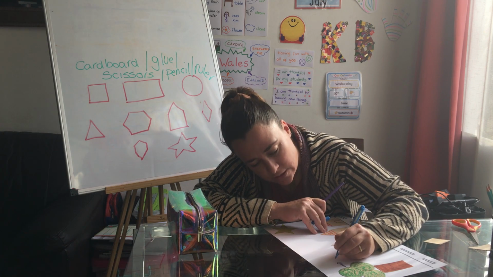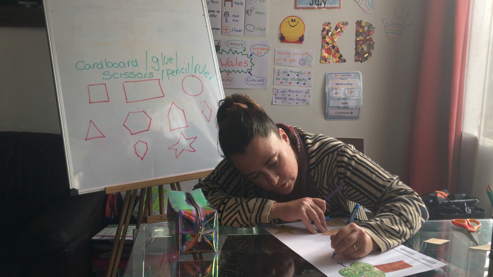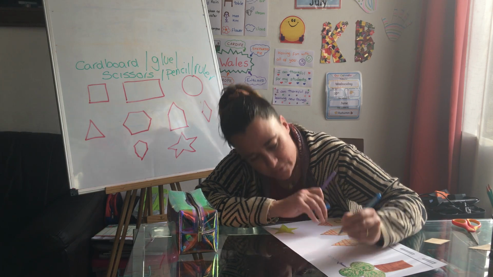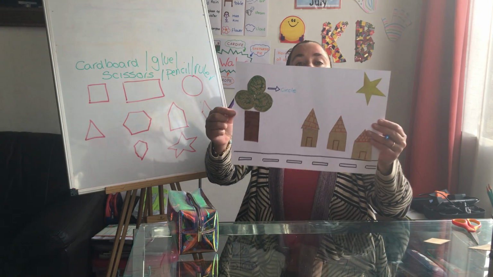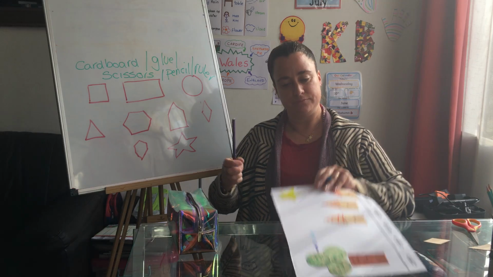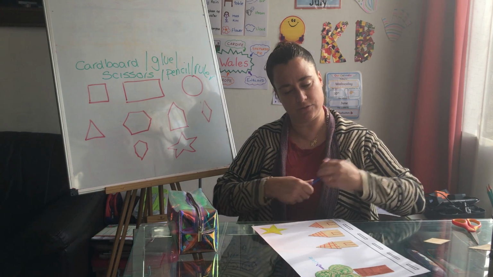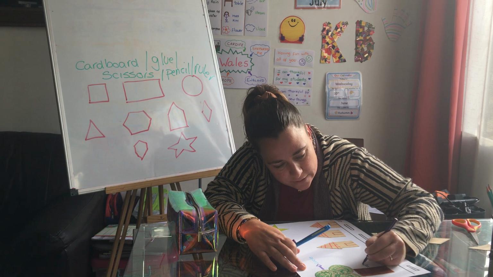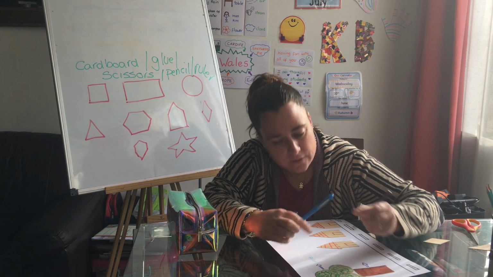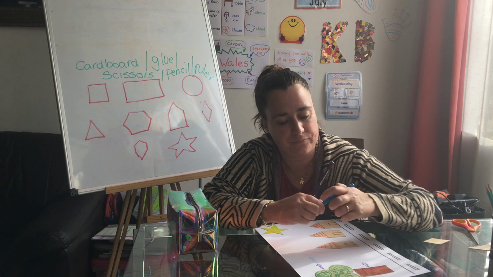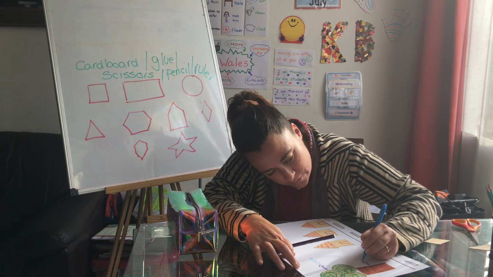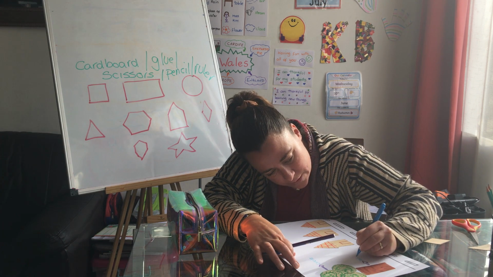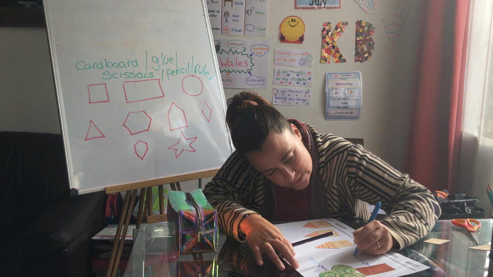So I will write circle. Can you see it well? Then I'm going to go to the next one, and I am going to write rectangle. Yeah. Rectangle.